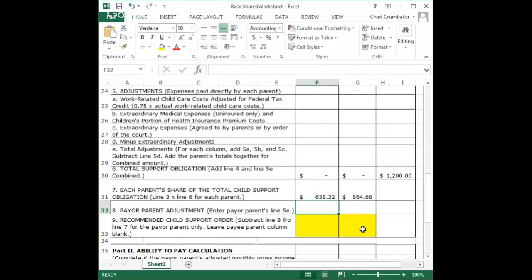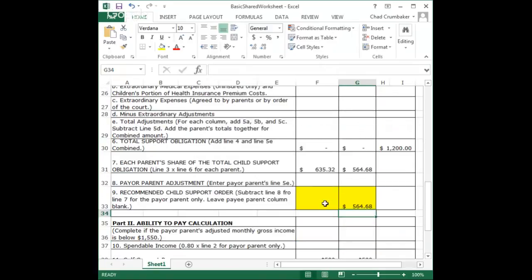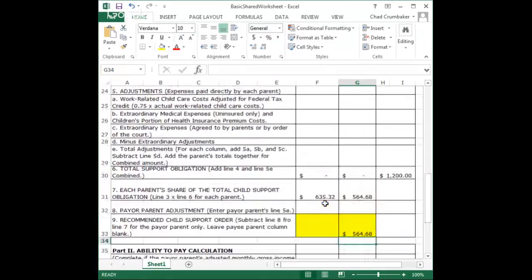Then we take the dad's number and put it in, and we figure out the recommended child support order. Hopefully it's less complicated now than it was while you were thinking about it. You just have to add them up. Basically, that worksheet puts the numbers in as long as you find the right inputs, and then we have to do math.